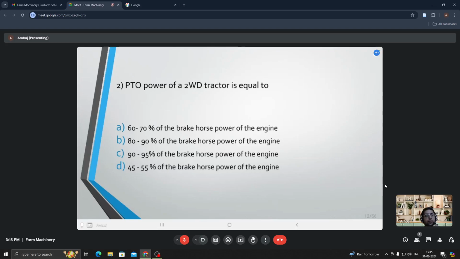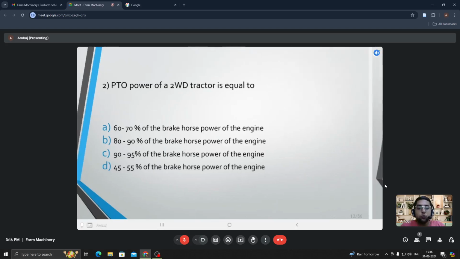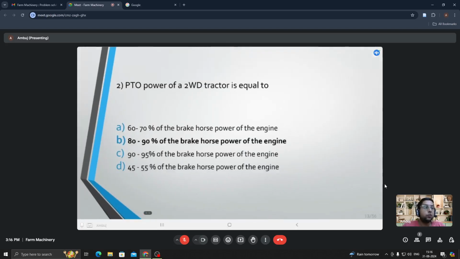Okay, try to solve. As you can see, the correct option would be 80 to 90% of the bhp of the engine.